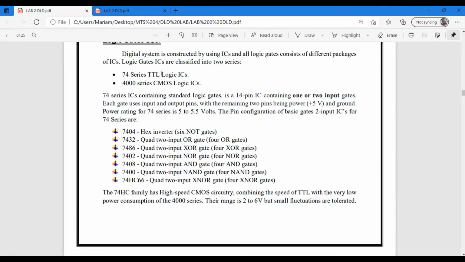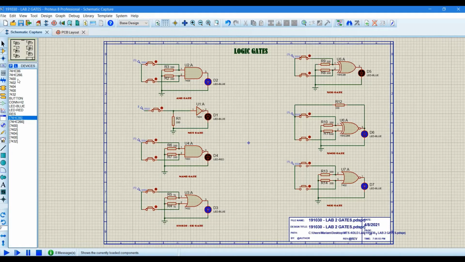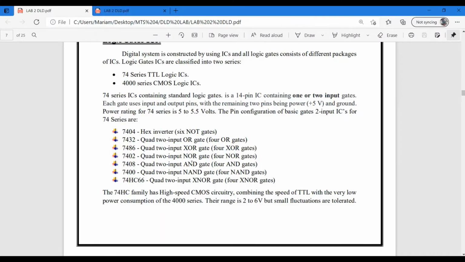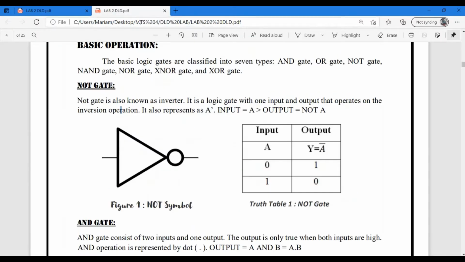TTL stands for transistor-transistor logic and CMOS stands for complementary metal oxide semiconductor. These CMOS ICs are most commonly used because they have excellent output voltage, and they use the same material as TTL, but they have high density as compared to TTL. Here in Proteus, I took 74 series ICs and I'm working on them. So let's get into their basic operations.